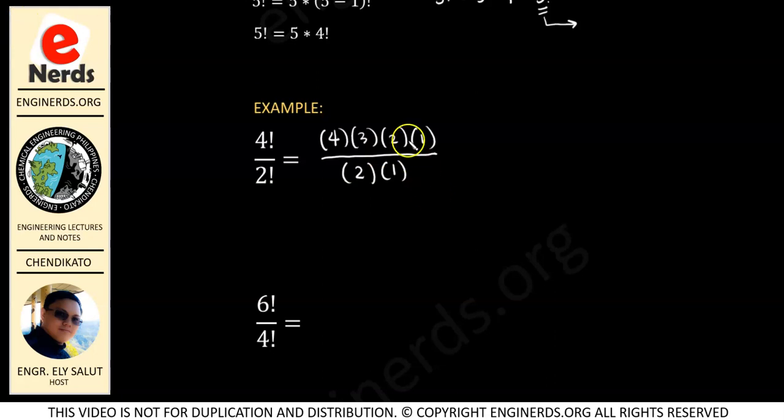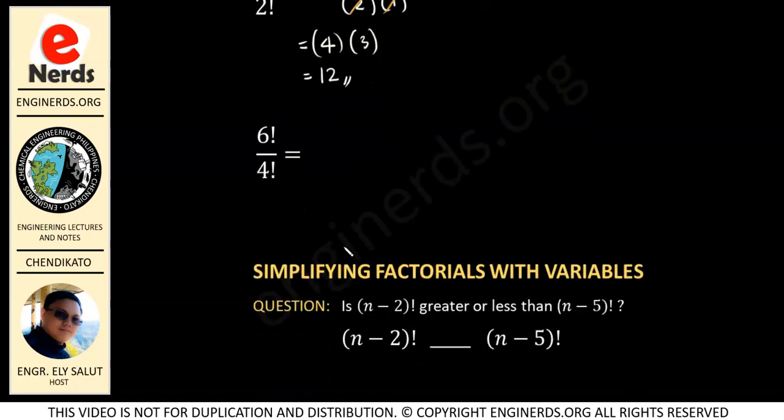So, therefore, this will be cancelled out. Di ba? So, ang ating magiging sagot dito is 4 times 3, which is equal to 12. Okay? And next problem, we have 6 factorial over 4 factorial.